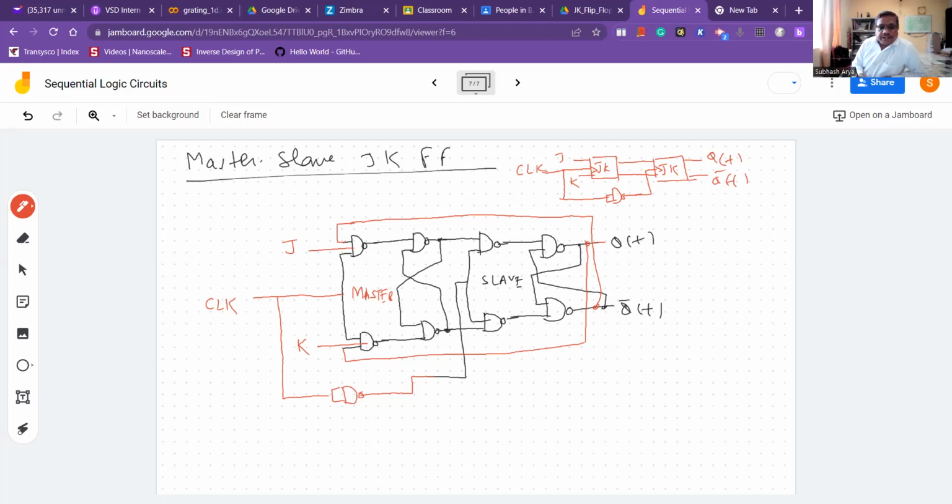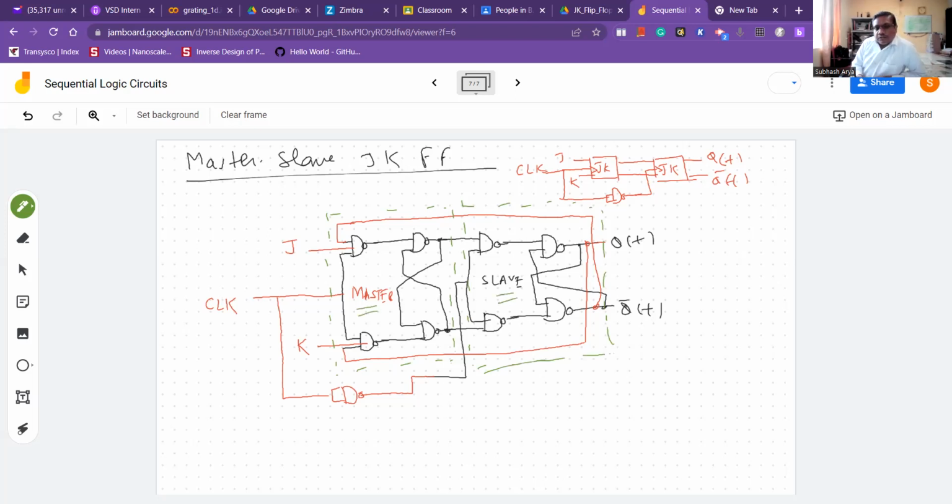Up to here is the master portion, and from here to this side is the slave portion of this flip-flop. So this is master and this is slave.